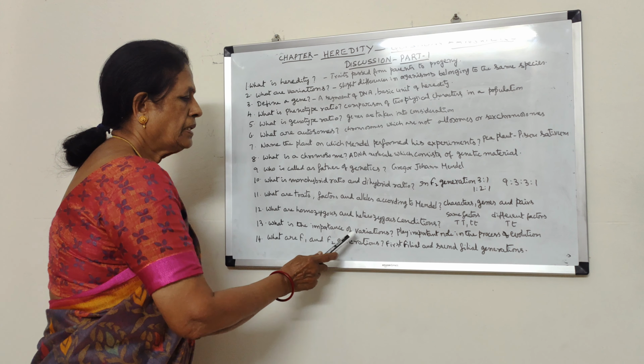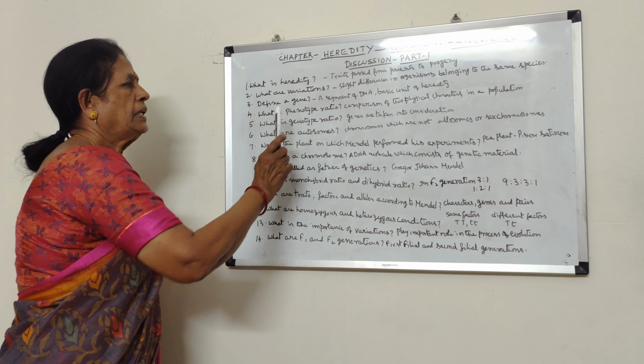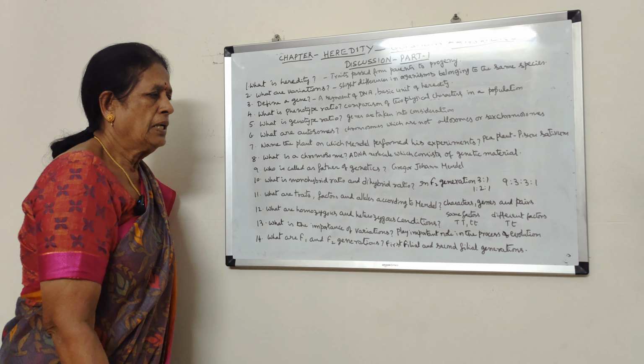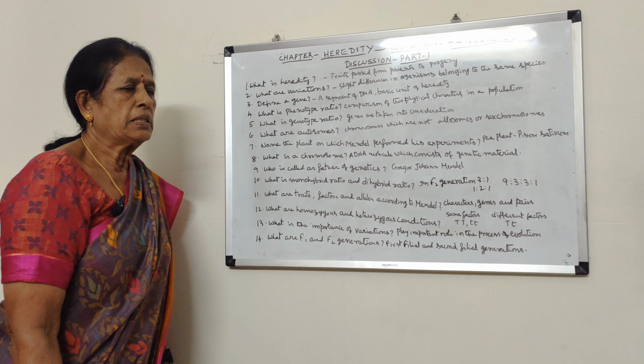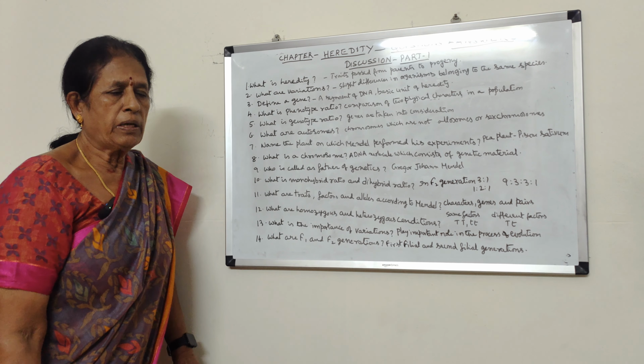So what is the importance of variations? Variations, as we have seen already, are slight differences in organisms belonging to the same species. Variations play an important role in the process of evolution. If there are no variations and some disaster occurs, the whole population will be wiped out.